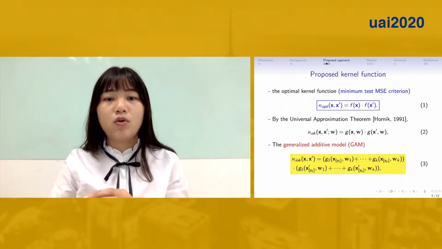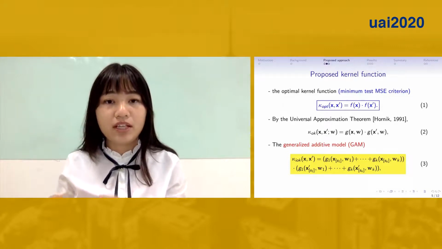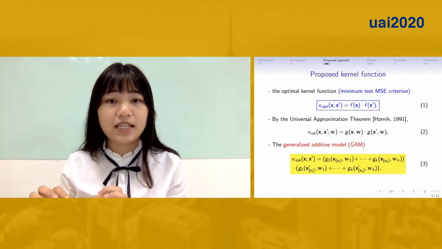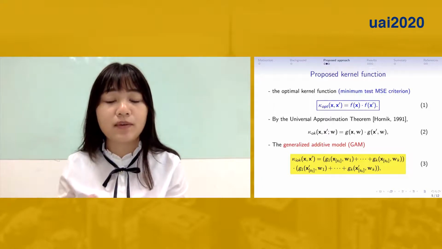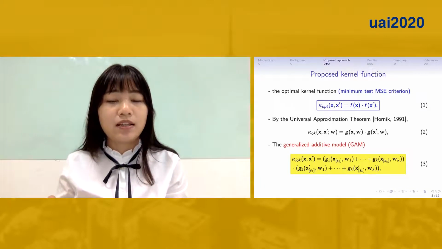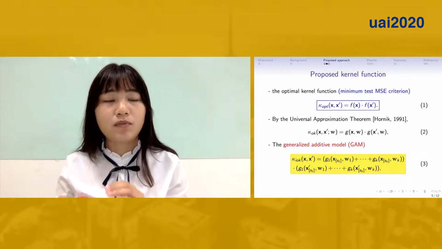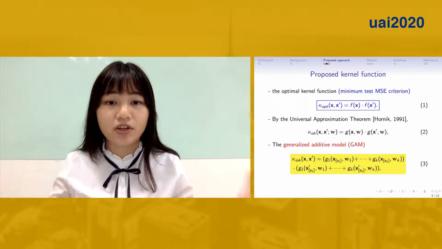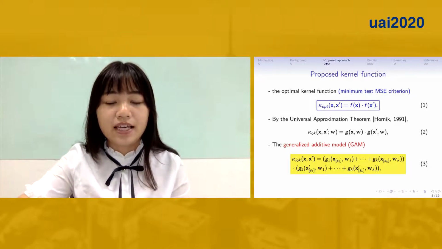For classification and regression problems, if you want a minimum test mean squared error between the labels and the predictions, we proposed a theorem, the optimal kernel matrix theorem, that can guarantee there is an optimal kernel function.